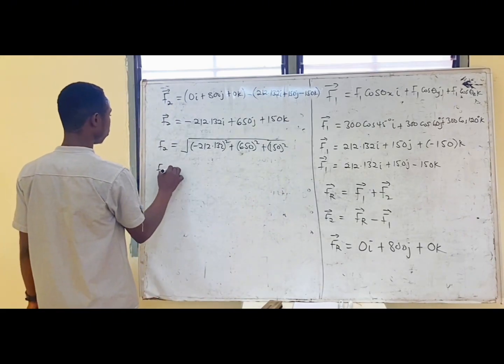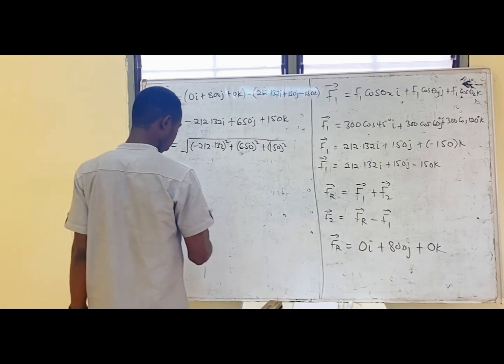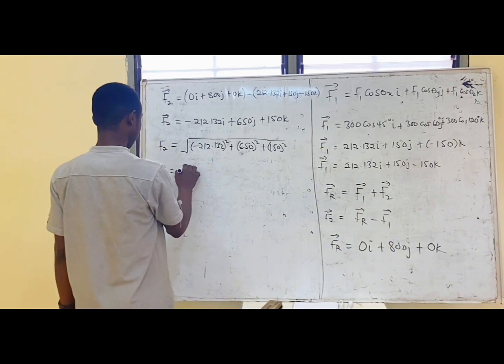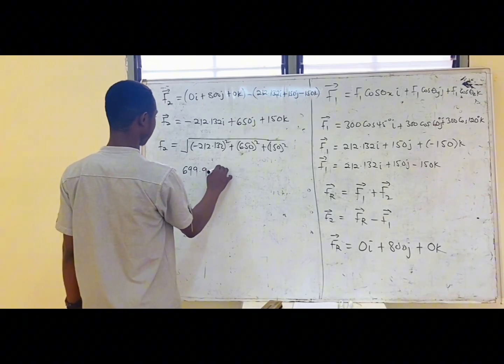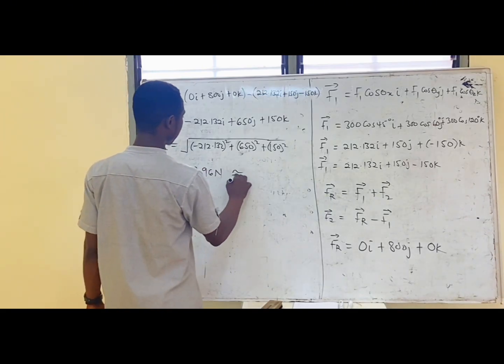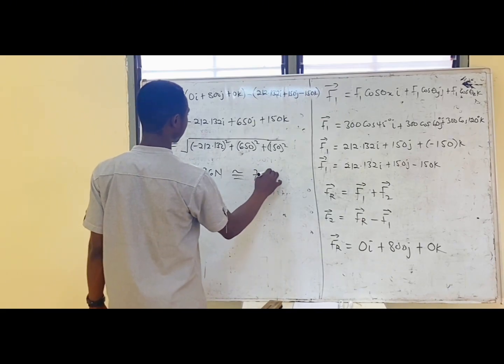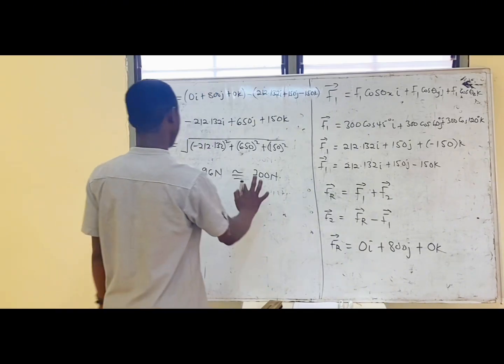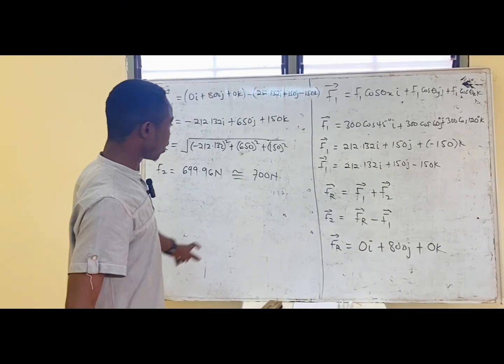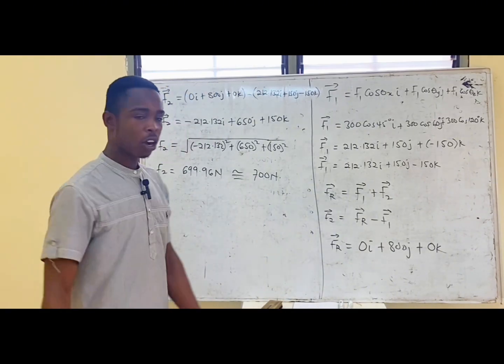So F2 will be equal to 699.96 Newton, which is approximately equal to 700 Newton. So this gives us our F2, that's the magnitude of the F2. I hope you are with me.